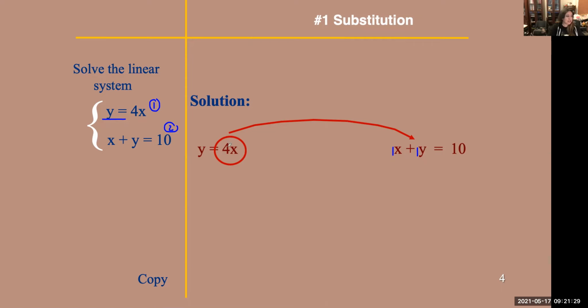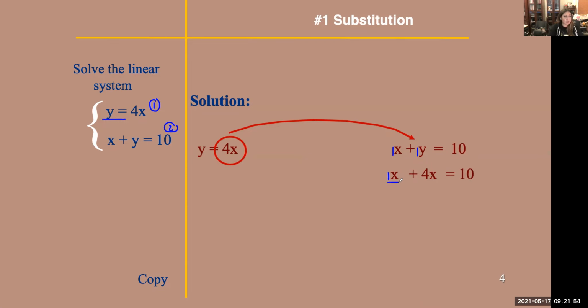So take that 4x and go wee. I'm going to plug that into this y. So the x, nothing happens to the x. Again, you can put in that 1 if you want, so that it lets you know there's 1 of them. And then instead of this 1y, we're going to plug in 4x. So again, this is our 4x. Nothing happened to the 10, so it comes down.